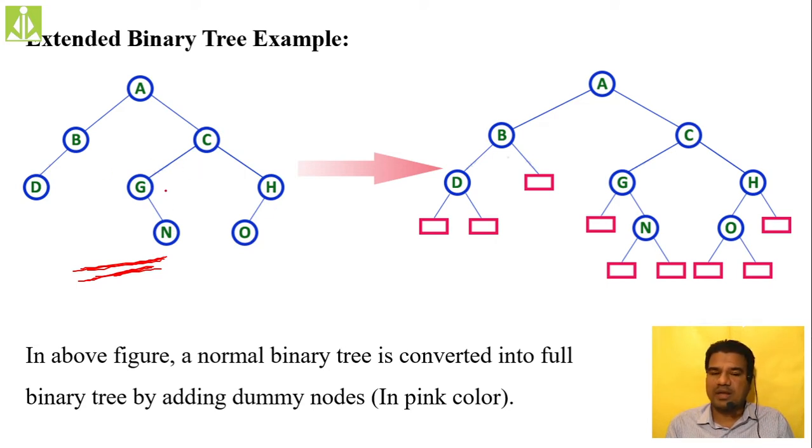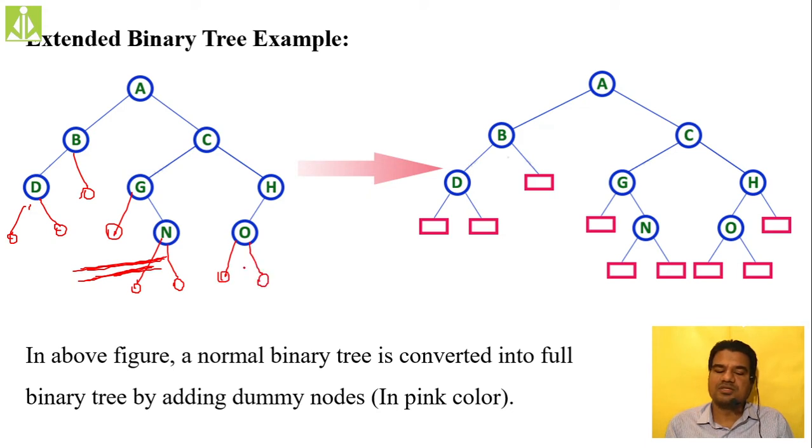So how can I make this tree a strict binary tree? Simply by adding one node here, two nodes here, and here also you need to add one node, and for N also you need to add two nodes, and for O also two nodes.